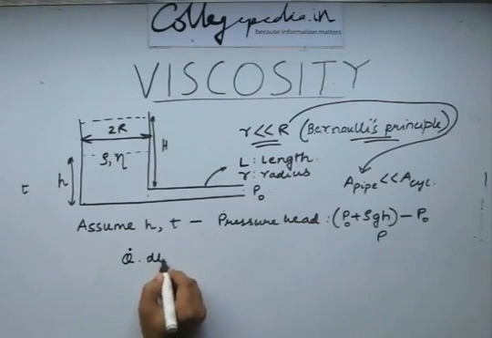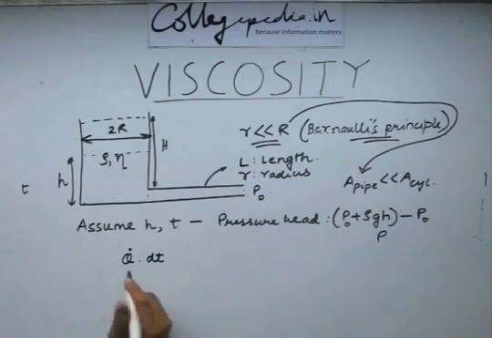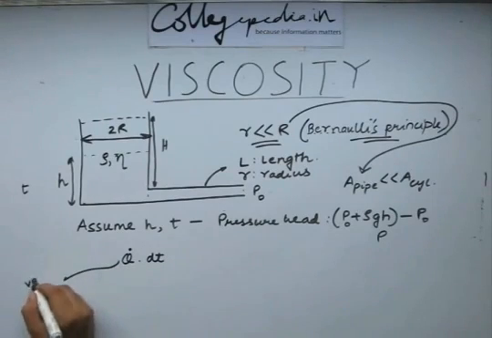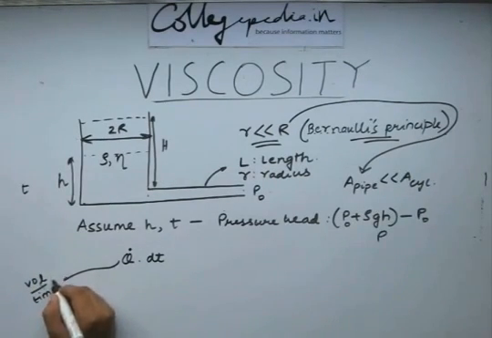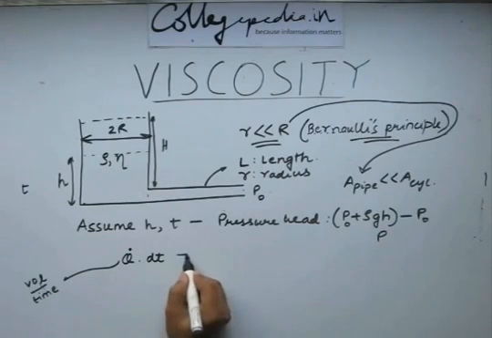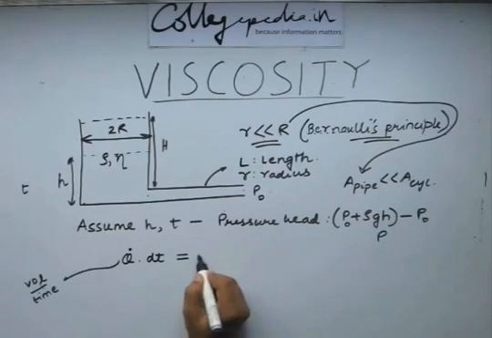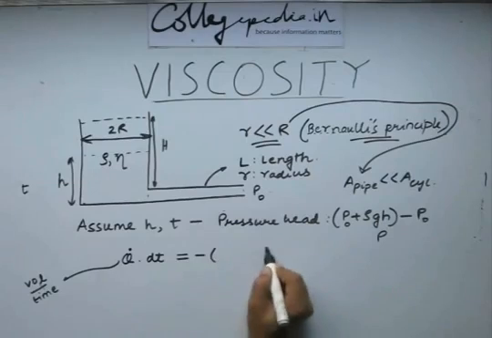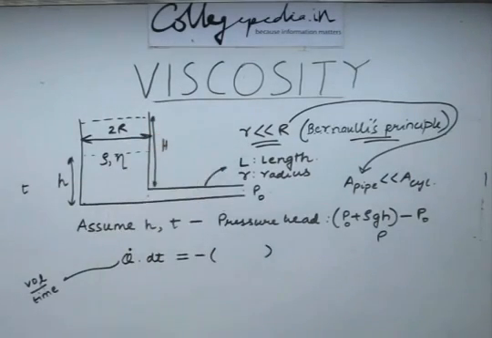This into dt is going to give us the volume, because Q dot is a rate. Q dot is nothing but volume per unit time, so this needs to be multiplied with time to make it a volume quantity. This is equal to the decrease in volume in this cylinder.